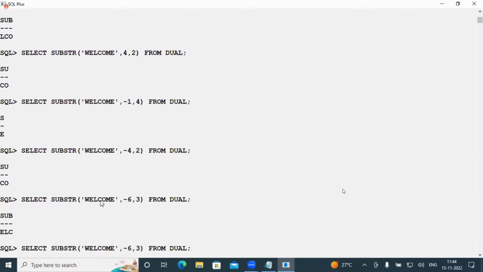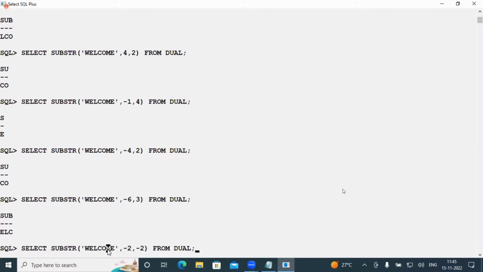But suppose here I'm passing -2 comma 2, giving 2 now. In the negative operation, -2 means this is -2. From -2, I want -2. So what do you expect?